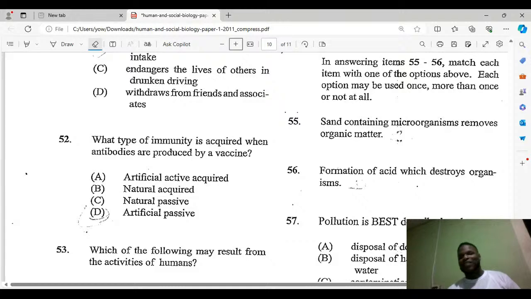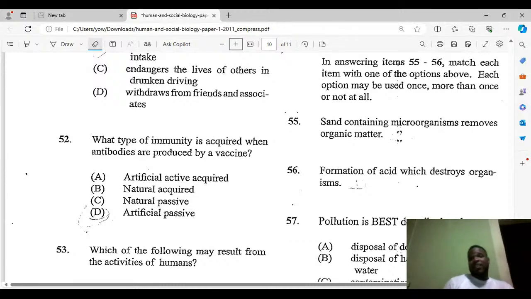So remember it's injection, Tiana. So it's passive. But it can also be active, because if it's injected, active means that it stimulates the body to actually produce something.